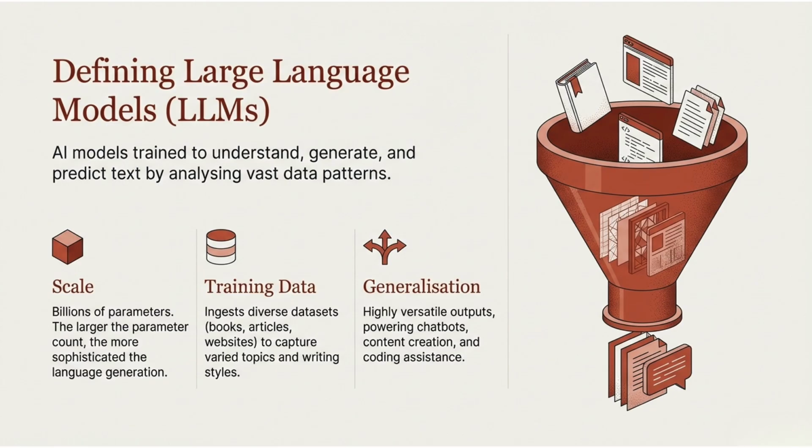Another important factor is the diversity of training data, which allows the model to learn different writing styles and topics. Because of this training, LLMs can perform many tasks such as answering questions, generating content, and assisting with code. Their ability to generalize across tasks makes them a powerful tool in modern AI applications.